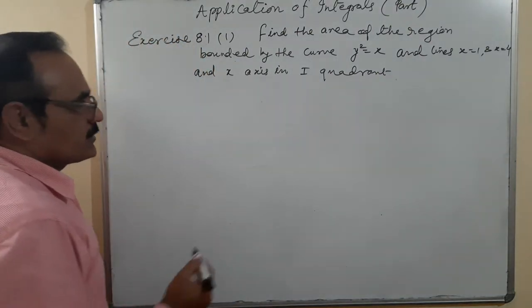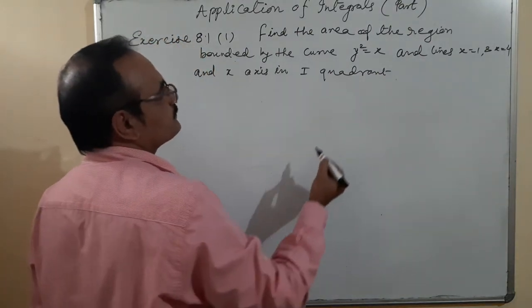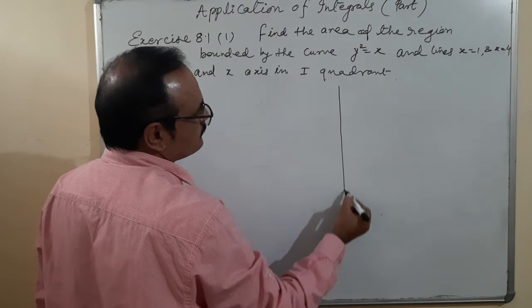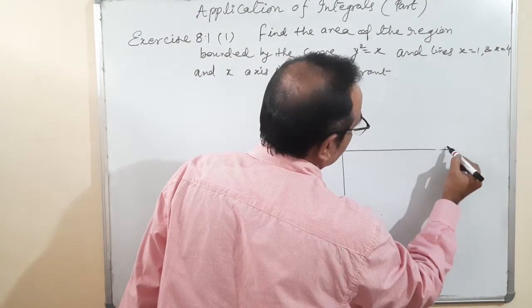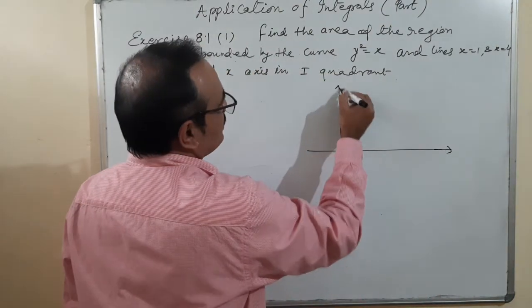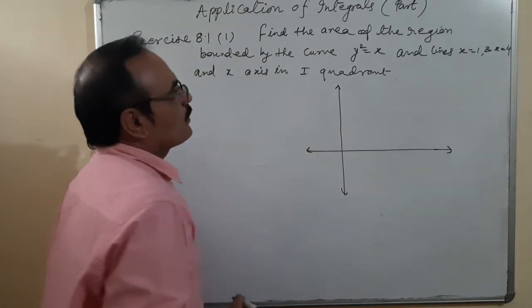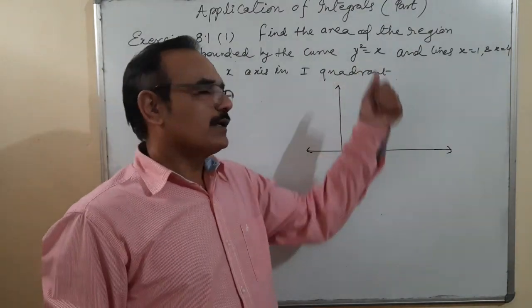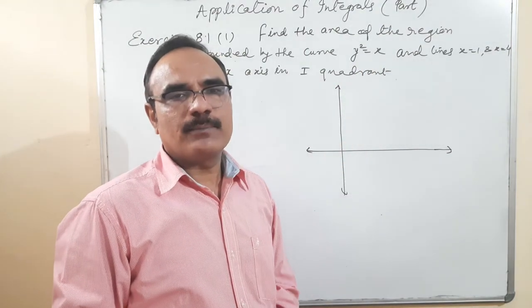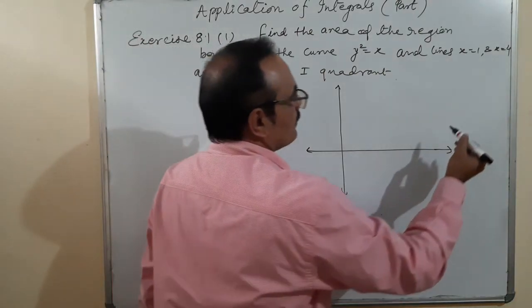Okay, so I'll make a rough diagram. A rough diagram is very necessary here in these questions. Y square is equal to x. This is the equation of a parabola.